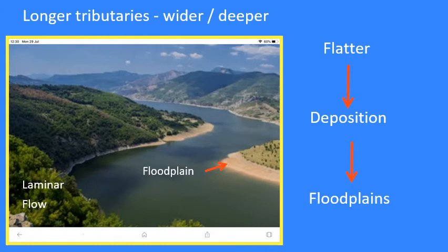This sand we refer to as silt or alluvium. So that's a big thing to remember about the river in its mature stage. It starts to develop small floodplains as this river starts to deposit the material that it's carrying.